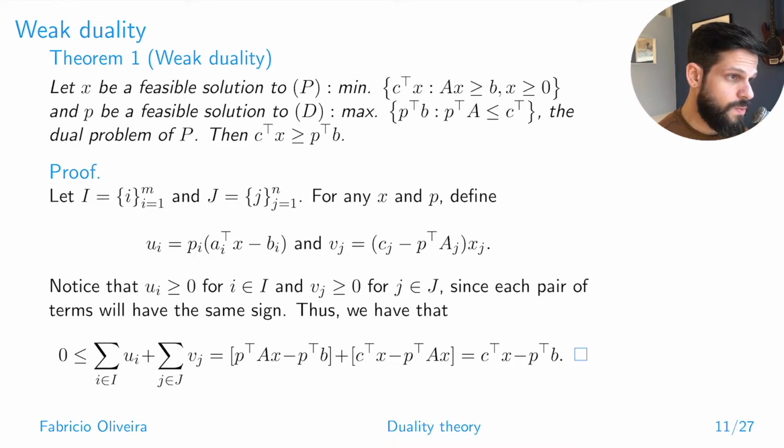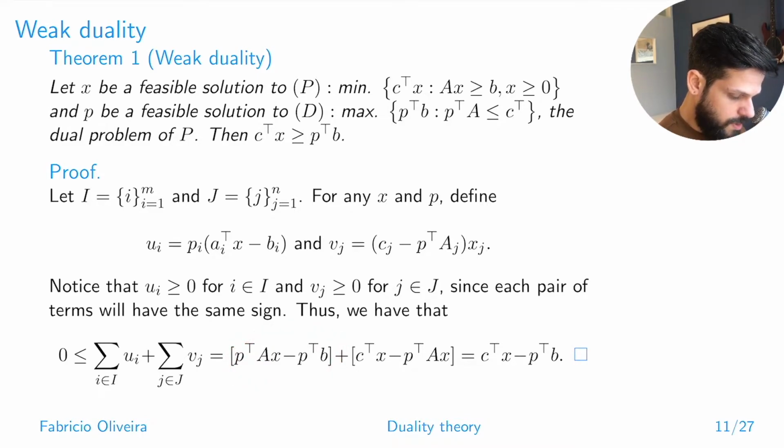And that will lead us to the following. When we look at the sum of all the u's and the sum of all the v's, this is greater than or equal to 0, as we just saw. Then I'm opening up u by pre-multiplying both terms in the parentheses, and I get something like that in matrix form.